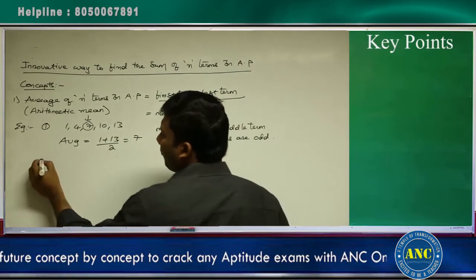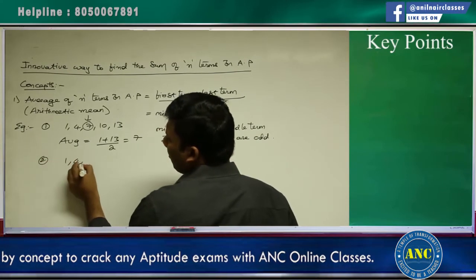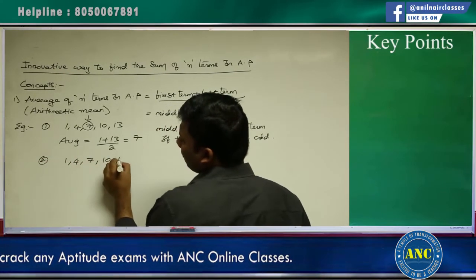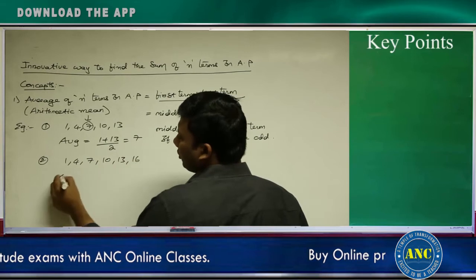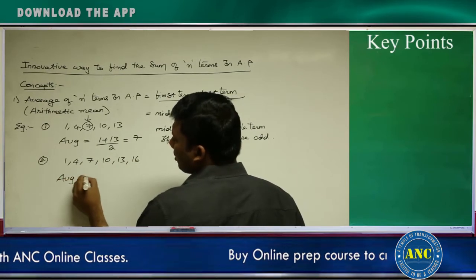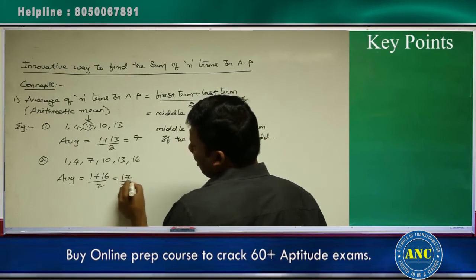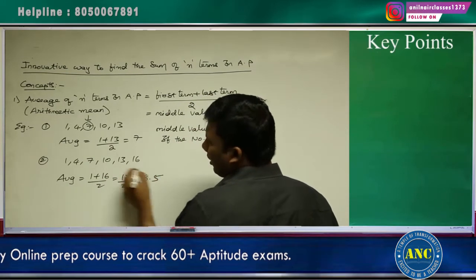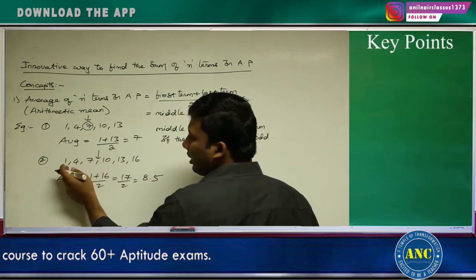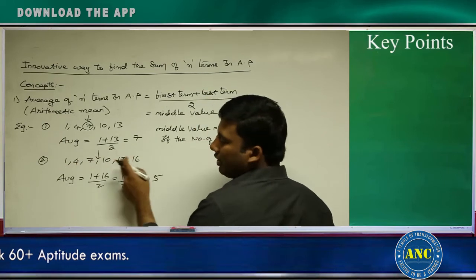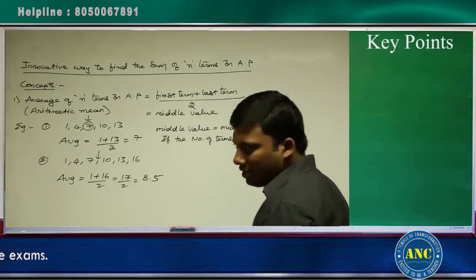Suppose I take the number of terms to be even. Average will be first term plus last term by 2, 17 by 2, 8.5. 8.5 has 3 terms to the left, 3 terms to the right. Middle value, is it the middle term?